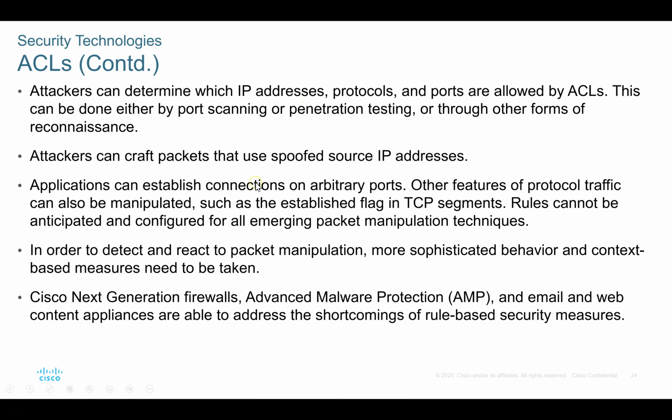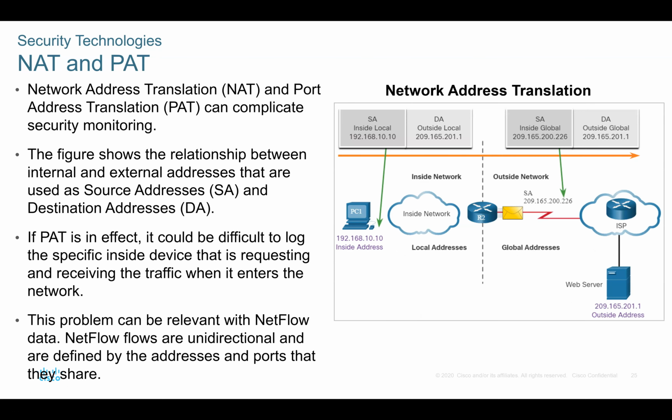And then, of course, you can create packets and spoof the IP address and the protocols. So this way you'll be allowed, you'll be permitted, right? So knowing that, please write down that the Cisco next generation firewalls, advanced malware protection, and email and web content appliances will be able to address some of these issues.